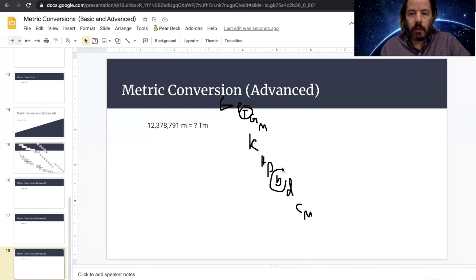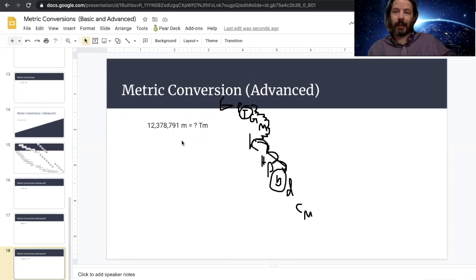We're starting at the base unit. Oh my goodness. So that's going to be a lot of zeros. 1, 2, 3. Yeah, that was horrible. 1, 2, 3, 4, 5, 6, 7, 8, 9, 10, 11, 12. Ooh, 12 decimal places. And we're going to the left, so we've got to move our decimal to the left.